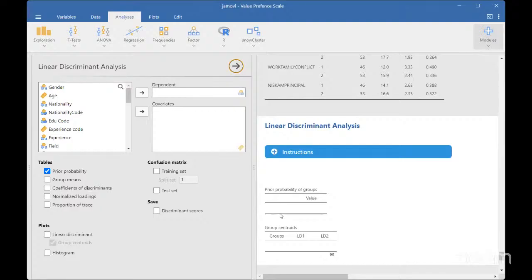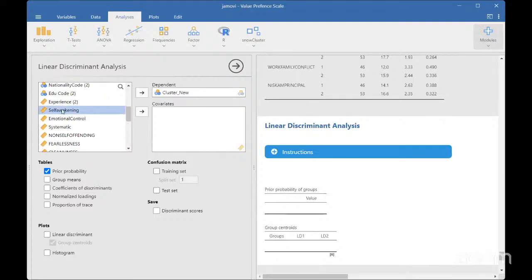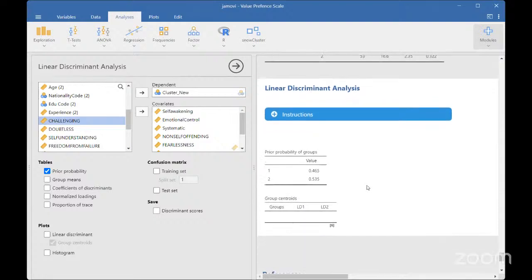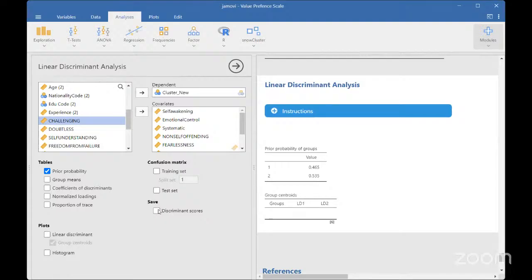Your dependent variable will be the cluster, and covariates will be your first component variables. Then you click the discriminant scores, save, and click the confusion matrix.